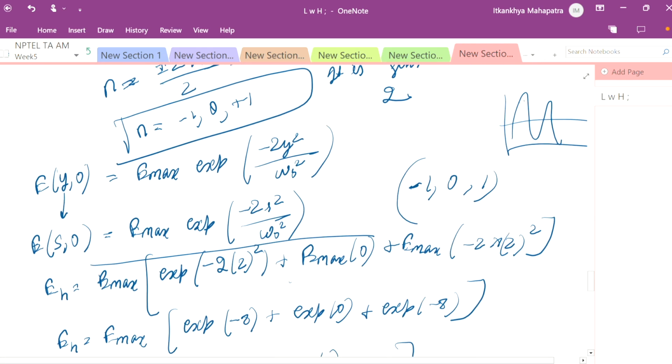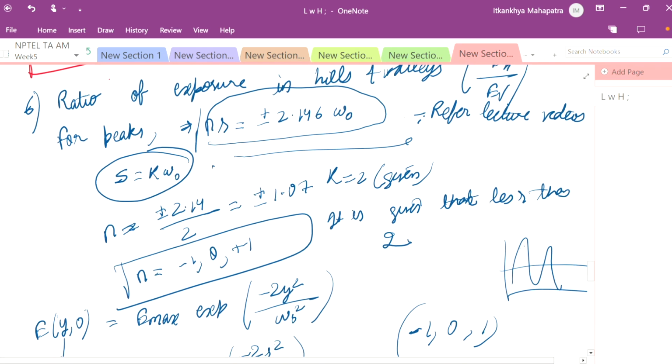What we have to do is, first we took the relation, you found out S is equal to K W naught, and you found out this N value. This is in plus minus. So here we got plus minus 1.07. So we are assuming it is minus 1, 0, plus 1.